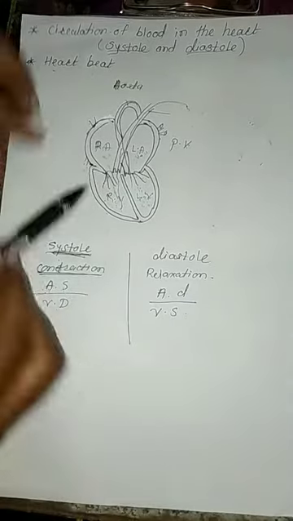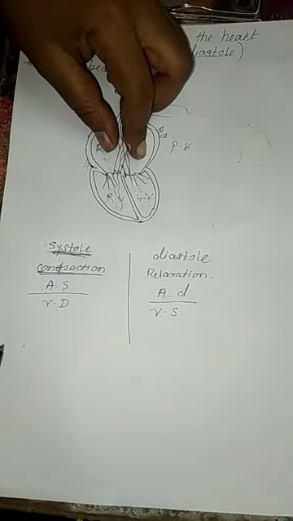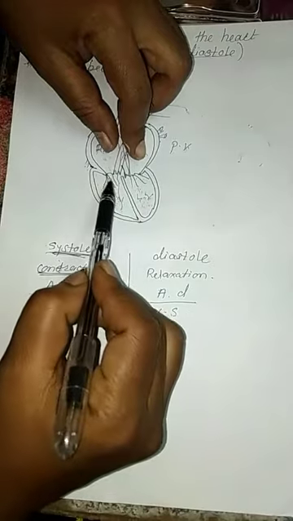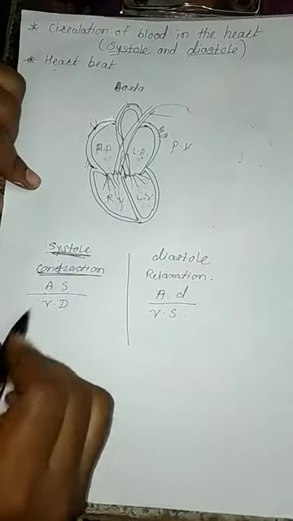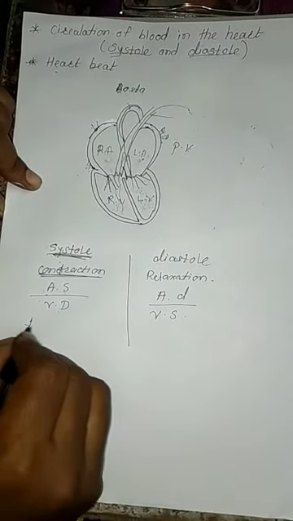Got it, student? When the auricles contract, the tricuspid and bicuspid valves open up.